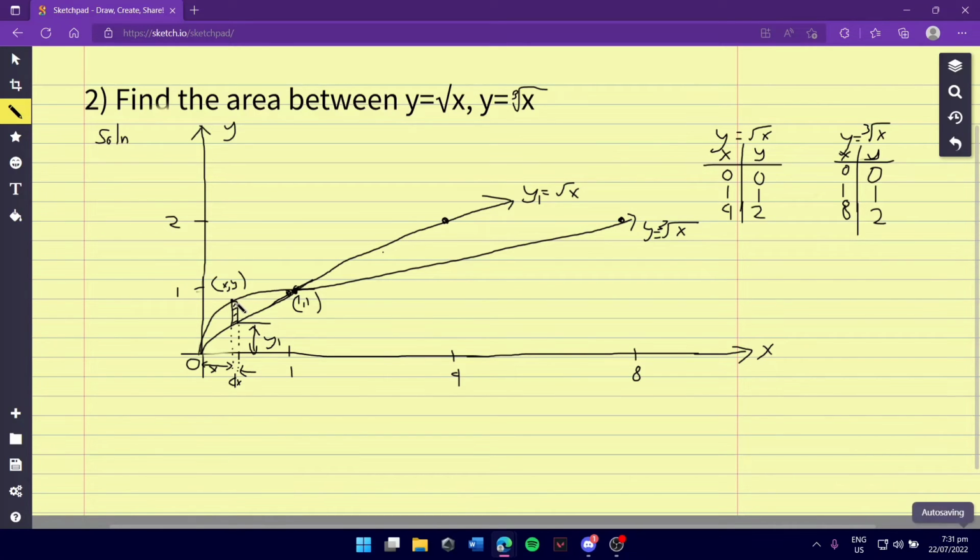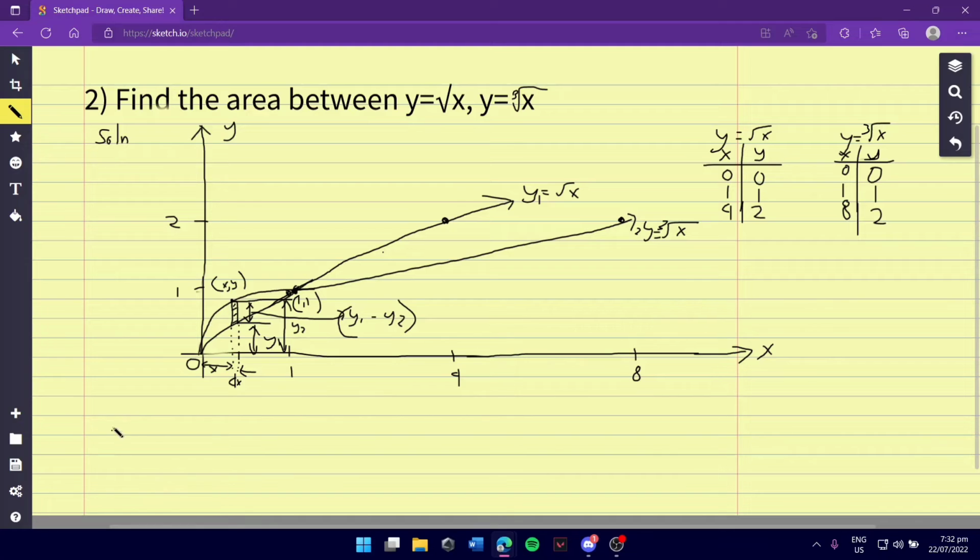Next, the distance from the upper part of your vertical strip down to your x-axis is called your y2, since it is connected to your second line. So next, the height of your vertical strip is called your y1 minus y2. So now we have all the parts needed to solve the problem.